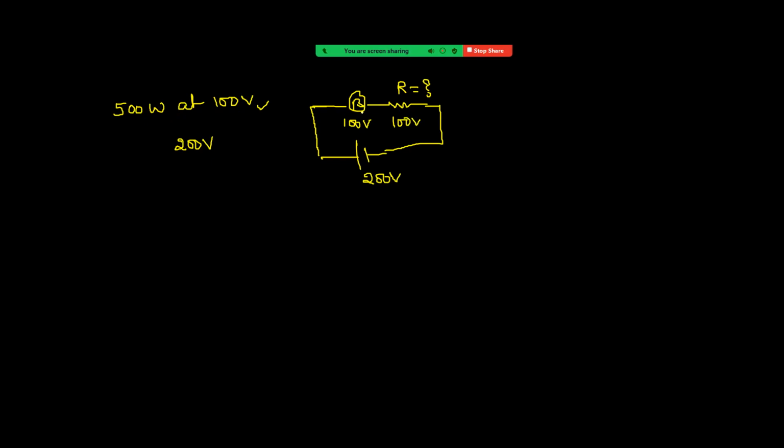So dividing equally means the resistance of the bulb or this instrument should be the same as this R. So both must be same.